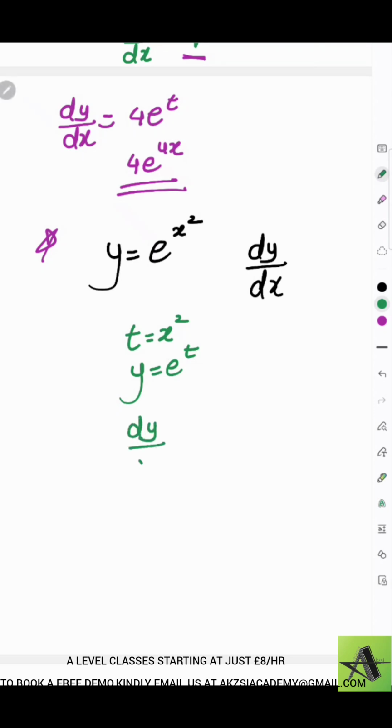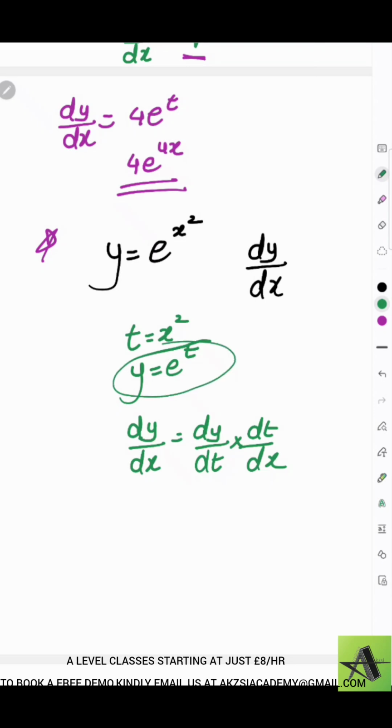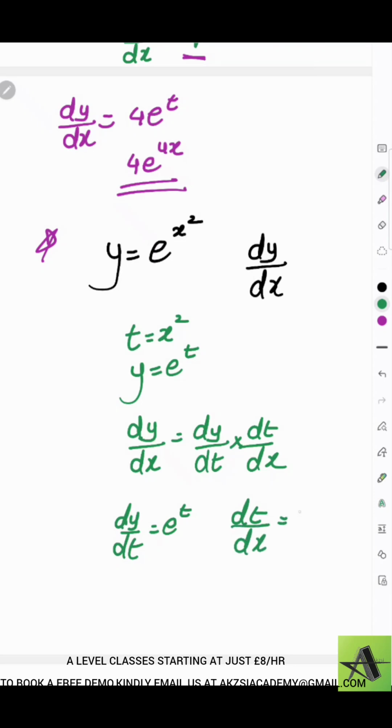Applying chain rule, dy over dx can be written as dy over dt times dt over dx. y is e to the power of t, so differentiation of y with respect to t is e to the power of t. And if t is x squared, then differentiation of t with respect to x will give me 2x. Now, all we need to do is substitute at the very end, in this given formula.